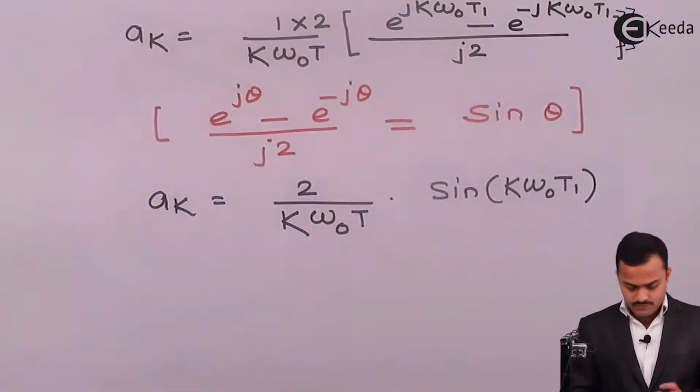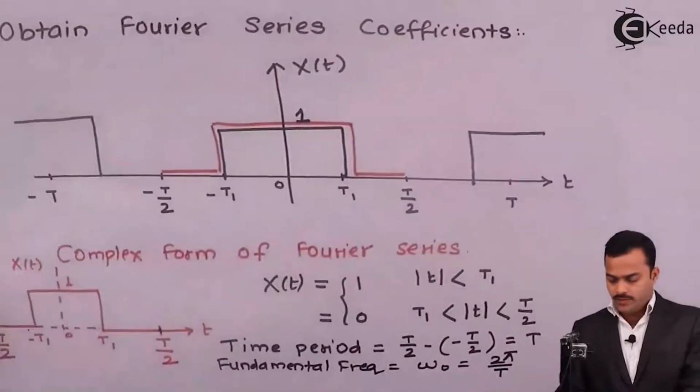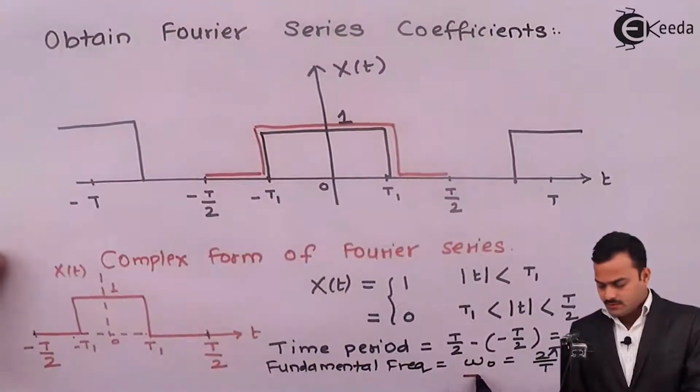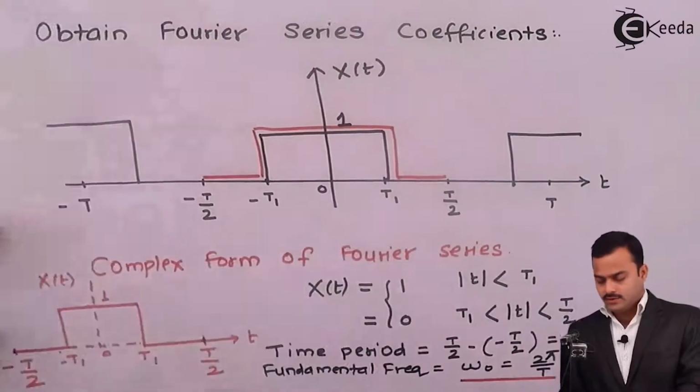Now we know in the first place what we have calculated omega 0 as a fundamental frequency, nothing but 2 pi by t. So let's substitute over here.